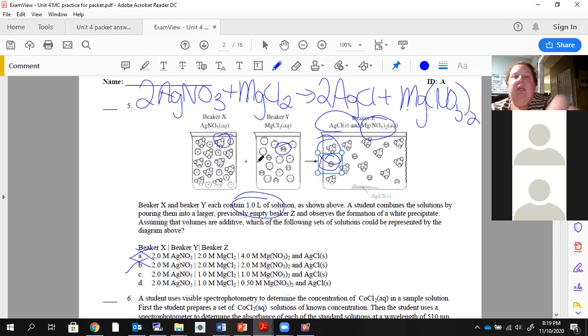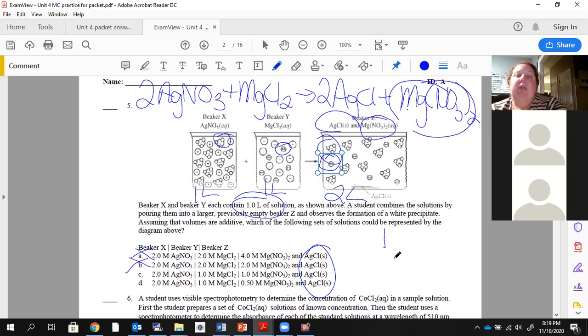When I mix those together, if this is a 1 liter container and this is a 1 liter container, I'm going to end up with a 2 liter solution in the end. So if I have 2 parts of silver nitrate reacting with 1 part of magnesium chloride, they already said I don't care how much silver chloride I make, but that's going to make 1 part of magnesium nitrate.